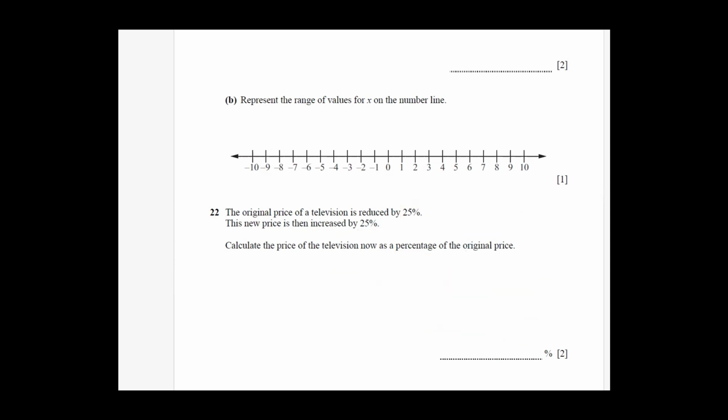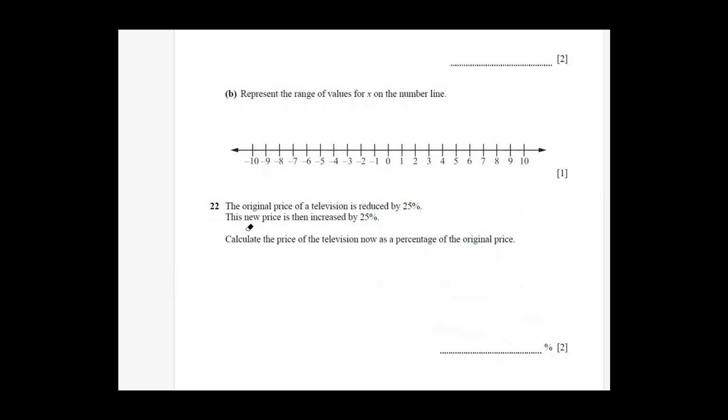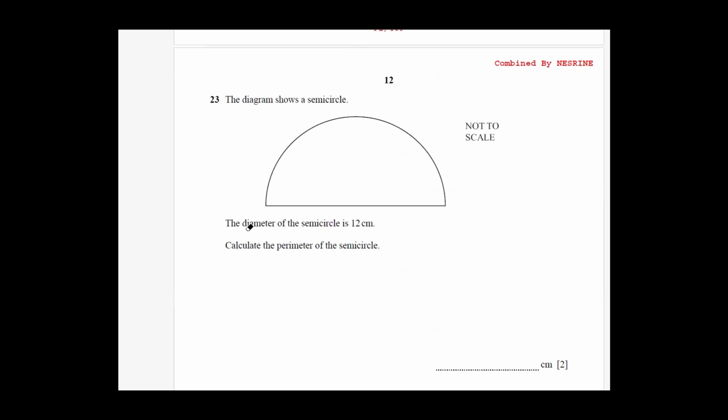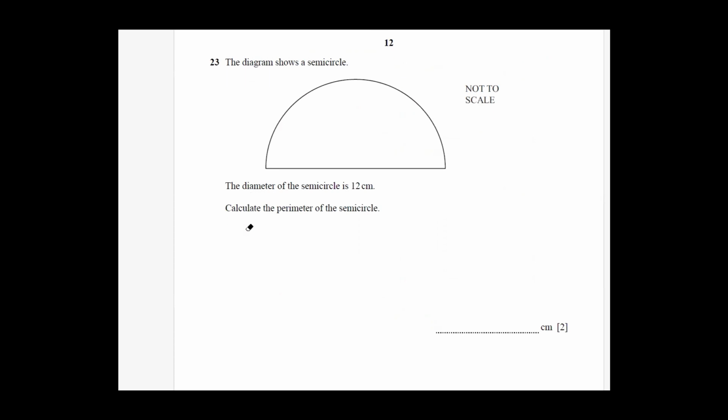Okay, now the next question. The diagram shows a semicircle drawn not to scale. Diameter of the semicircle is 12 centimeters. Calculate the perimeter of the semicircle. Okay, diameter is 12 centimeters.